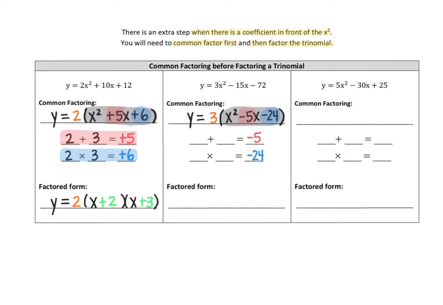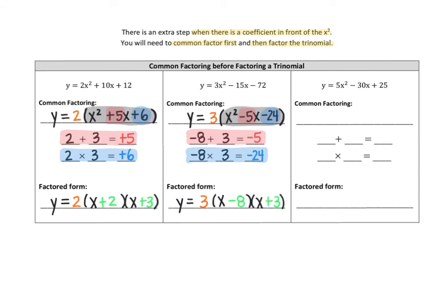In this case, negative 8 and positive 3 will work. When we multiply negative 8 times positive 3, we get negative 24, and when we add negative 8 plus positive 3, we get negative 5. Now we can factor. We'll have our factored form of y equals 3, and then inside the brackets, x minus 8, and in the other set of brackets, x plus 3.